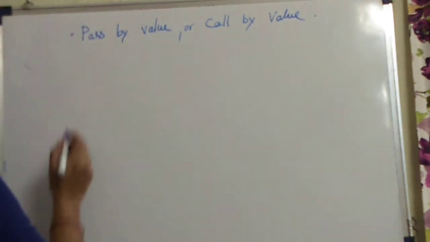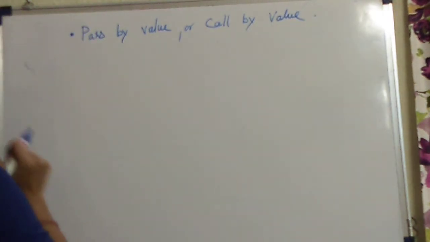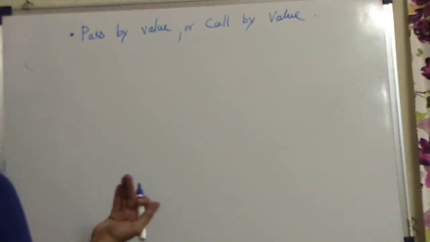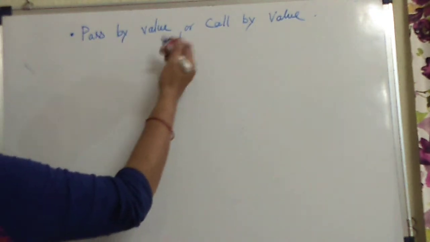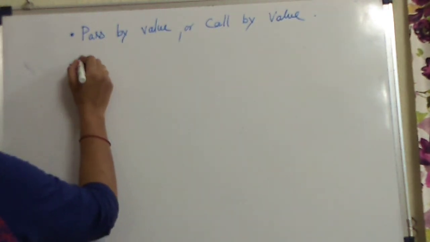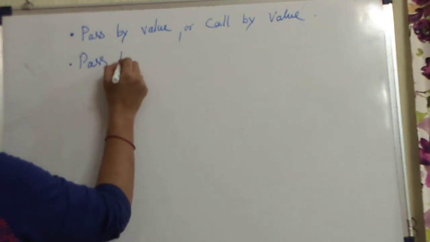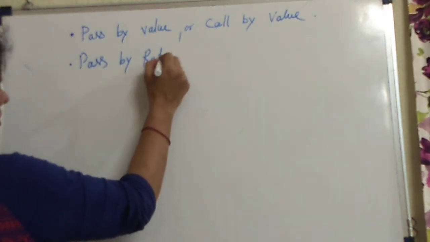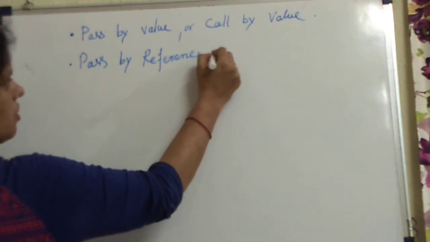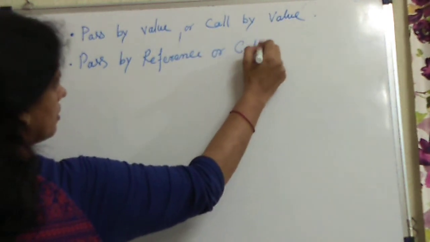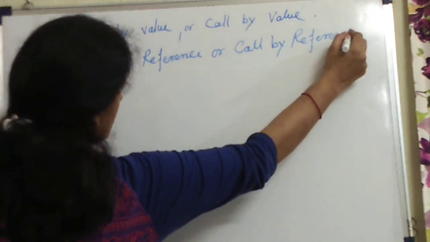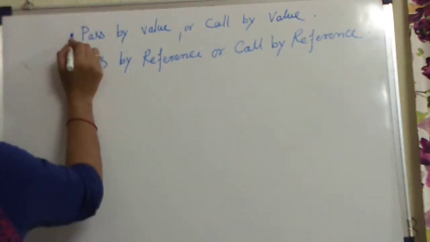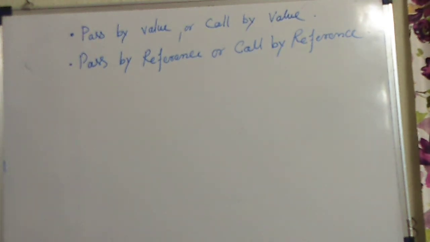The actual parameter can be passed from the function call statement in two ways, pass by value or call by value. Another one is pass by reference or call by reference.